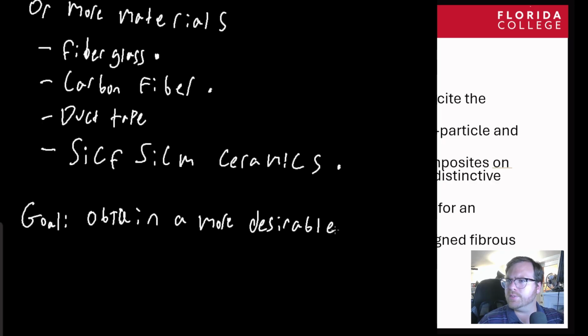Maybe we want it to break at a higher tensile strength. Maybe we want it to break at a lower tensile strength. Something that's more desirable. A more desirable combination of material properties.